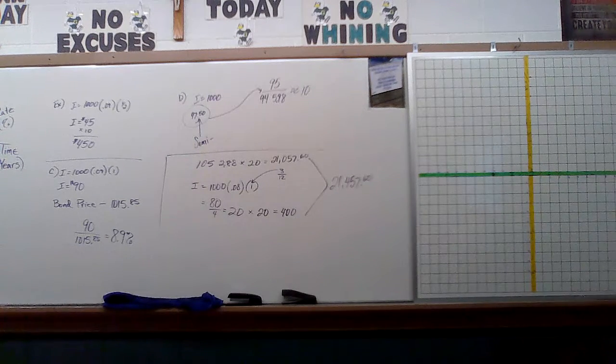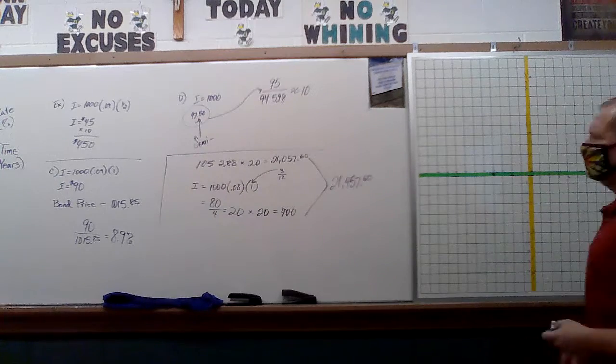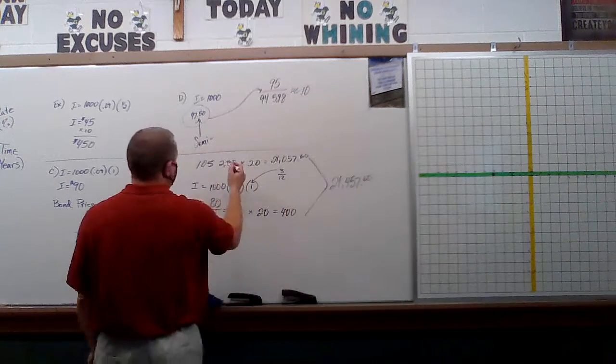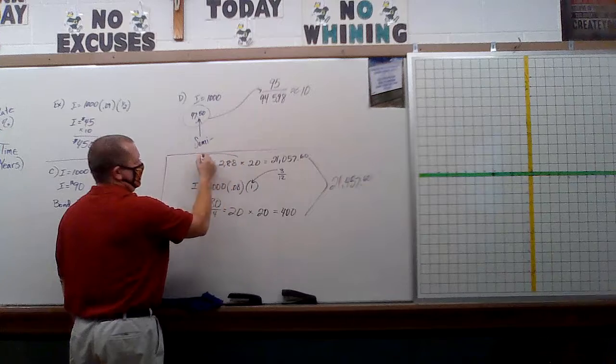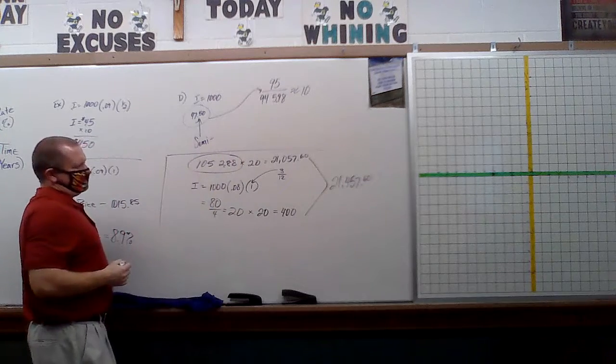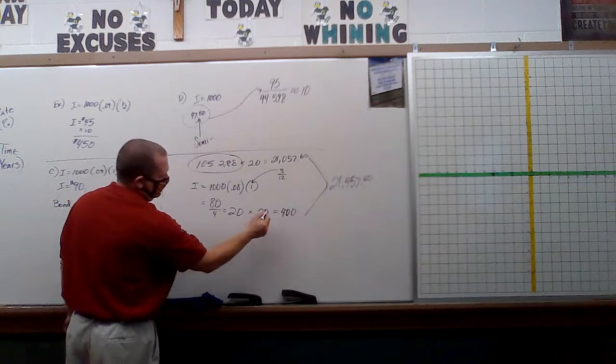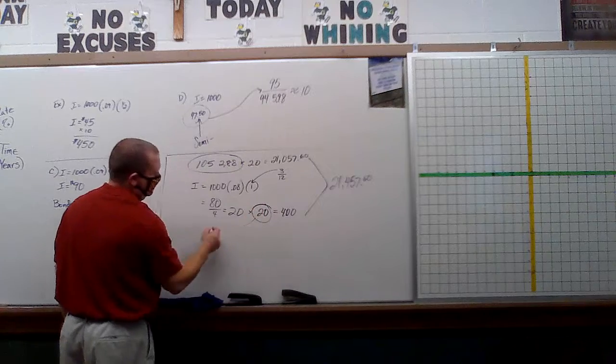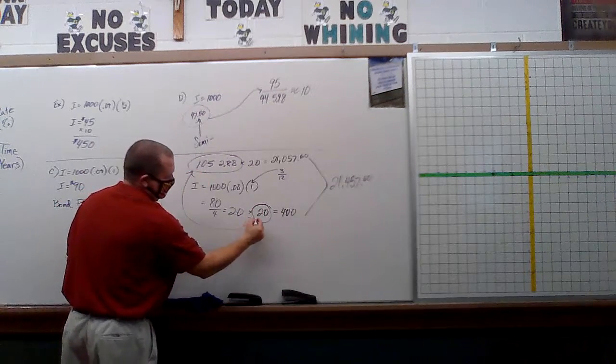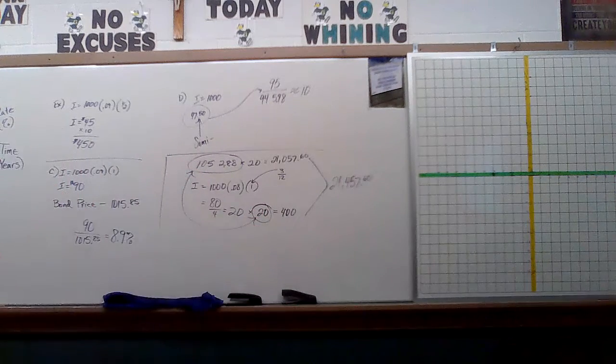But in F, they say, what is Julio's cost for each bond? So really, we would have done what? Let's go back to this. We would have taken this number right here and added it to what? One of these. Just one of those. So we would have taken those, because that's per one bond.